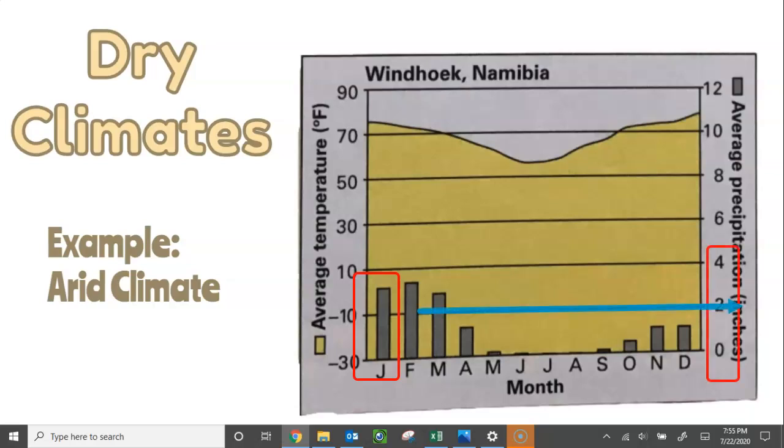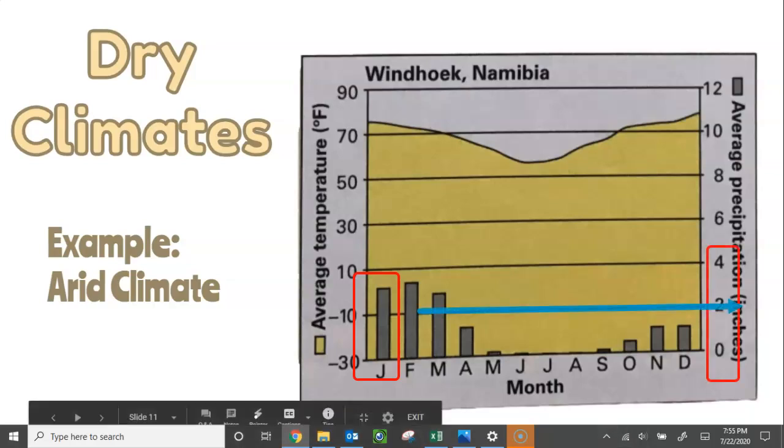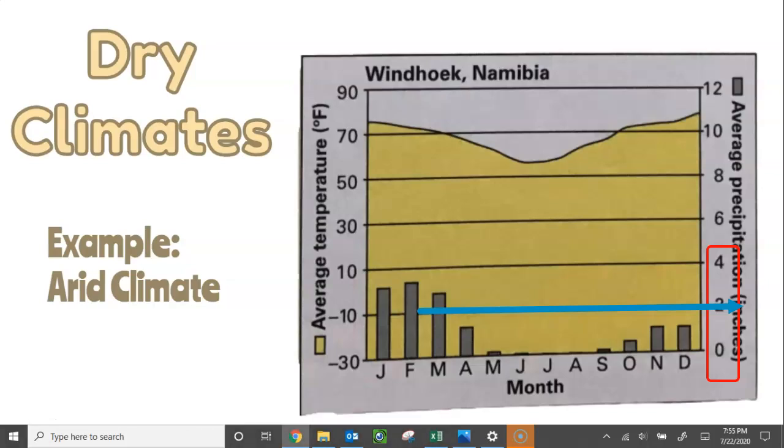So if you look over on this side, you're going to see it's only about 3 inches of rain. So an arid climate can be super hot with low rain. I mean, look at July and August. There's no rain, which is pretty darn sad, but it's also their cooler time.